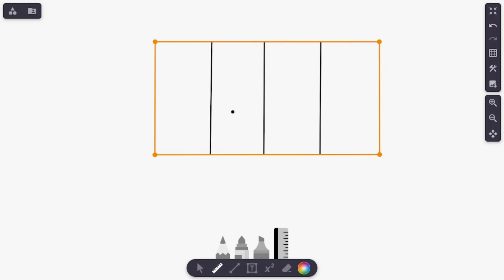Let me show you a little bit more. Take a look at the screen here. I've got the rectangle, and I want you to see how many sections are inside this rectangle. You should be noticing there are 1, 2, 3, 4. Four sections inside of here. Now, the question you need to ask yourself is, are these equal?